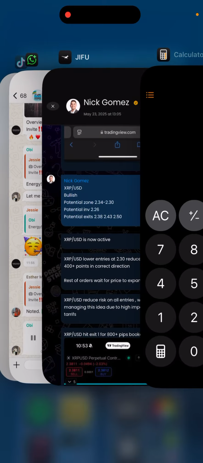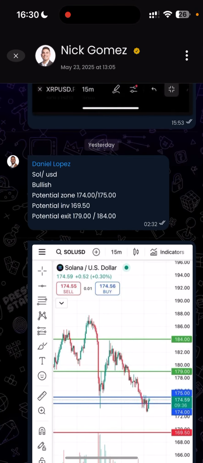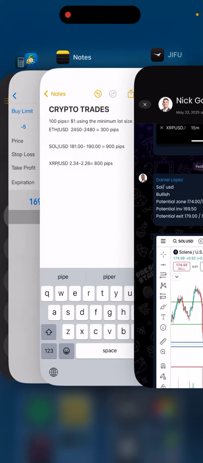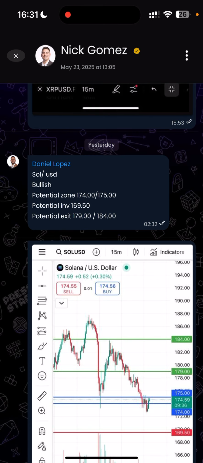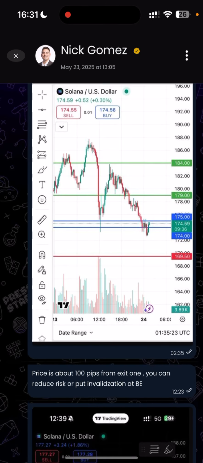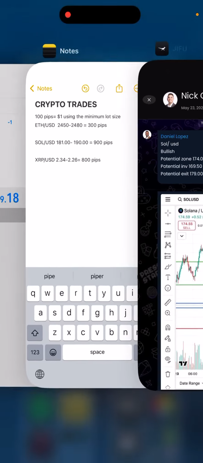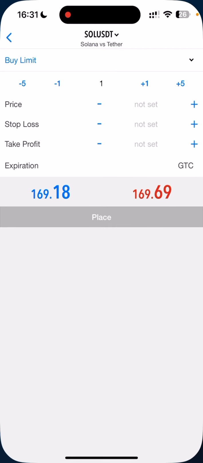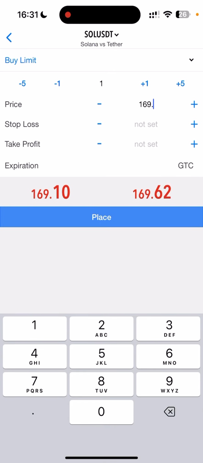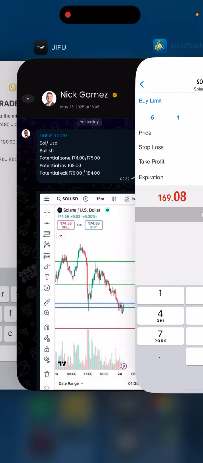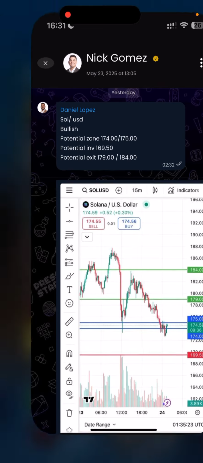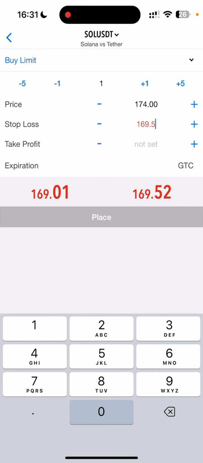So let's say a trade was dropped on Solana, and they said the potential zone was 174.00. Stop loss is 189.50.